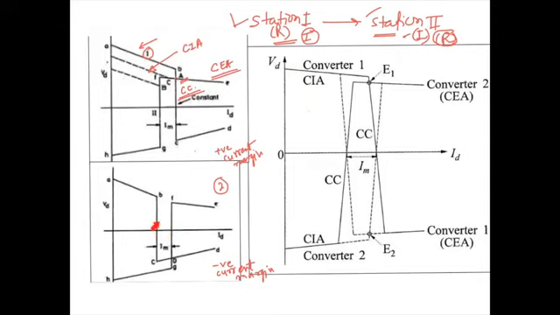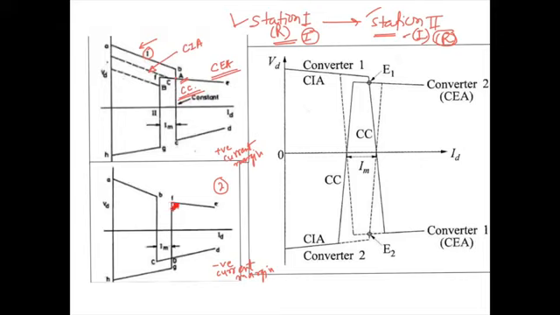This is a characteristic of rectifier in first quadrant when station 1 is acting as a rectifier and station 2 is acting as an inverter, whereas CD is representing a situation where station 1 is acting as an inverter. That means this characteristic CD is now representing constant extinction angle characteristic.